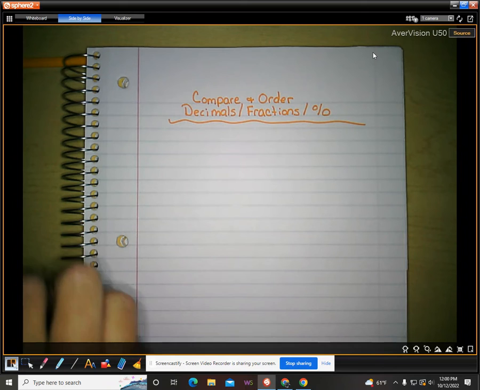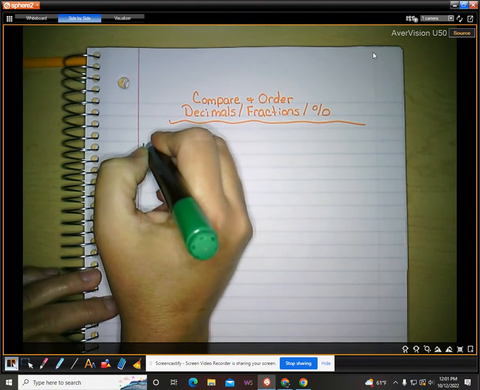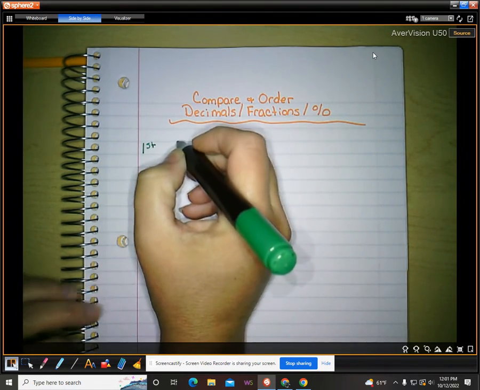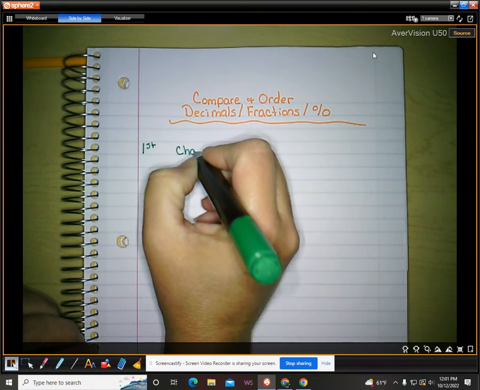when you are comparing or putting fractions, decimals, and percents in order, the very first thing you have to do is change all fractions and percents to decimals.